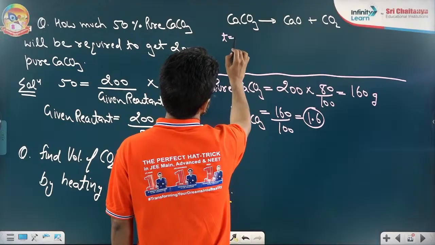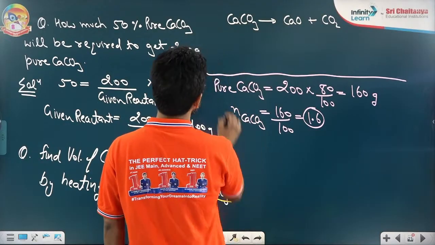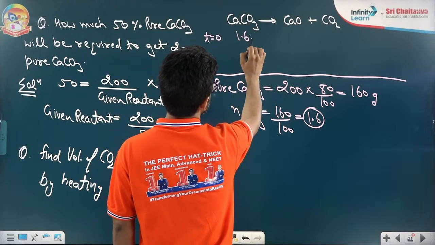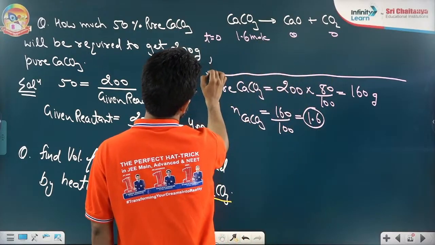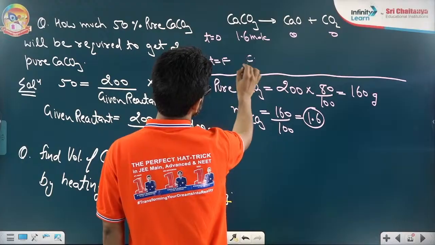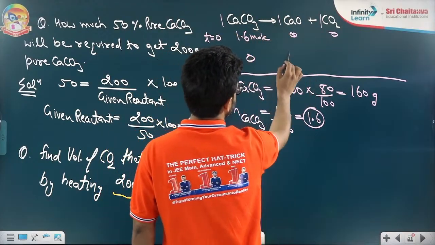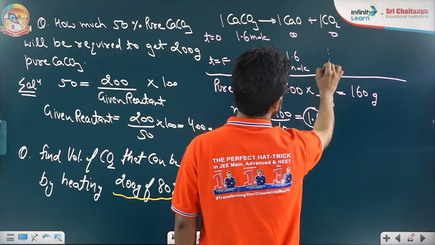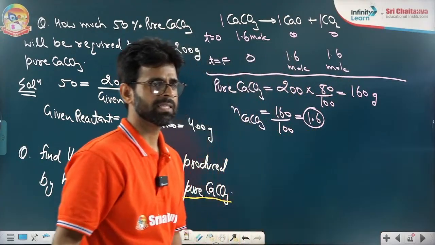Now we can apply simple stoichiometry. We know that at time 0, we have taken 1.6 mole, and it's 0 mole for the products. As time will pass, these mole will finish. It's 1 mole give 1 mole, 1 mole. So 1.6 mole give how much? 1.6 mole. Okay.